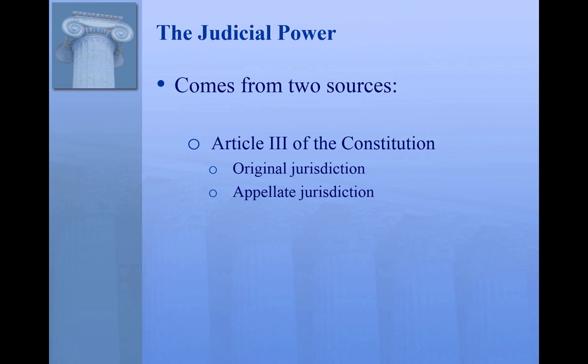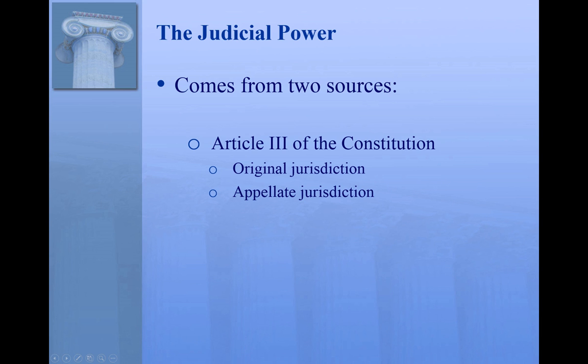Now, honestly, the Supreme Court's original jurisdiction is very small, and very few cases come to it under its original jurisdiction. It's primarily an appellate court, a court of appellate jurisdiction. But the Constitution does have both.